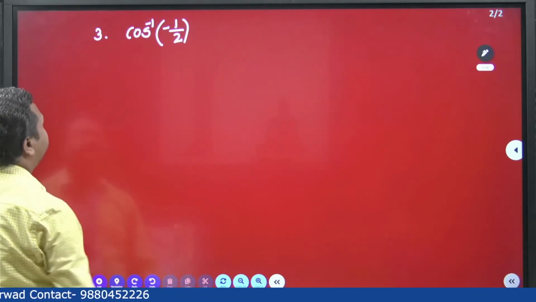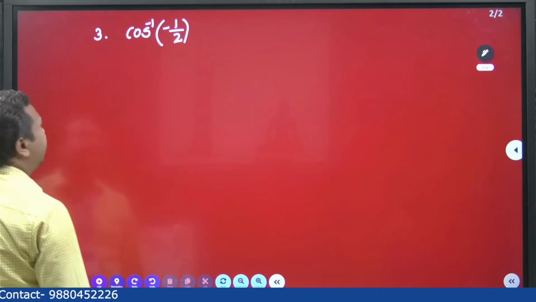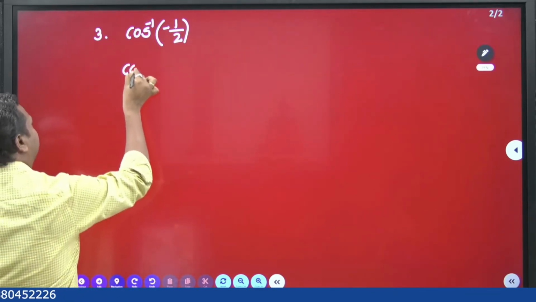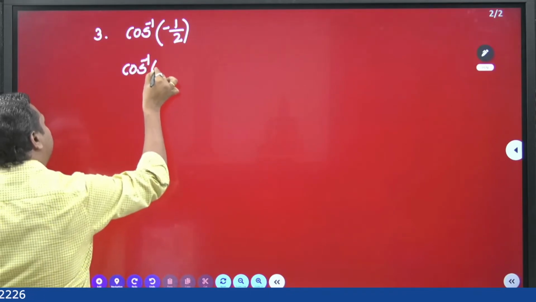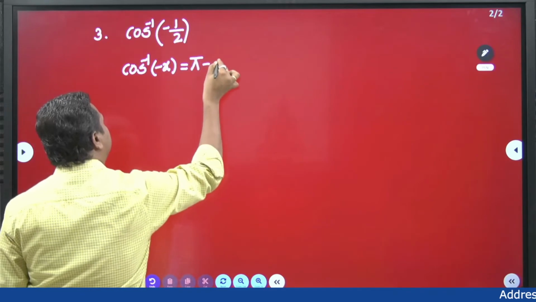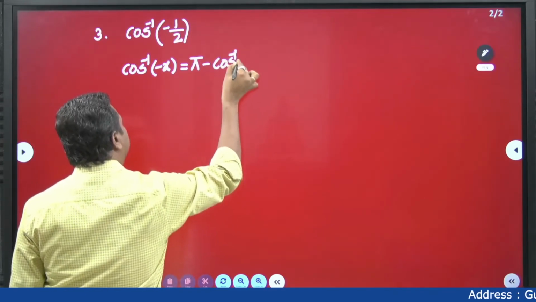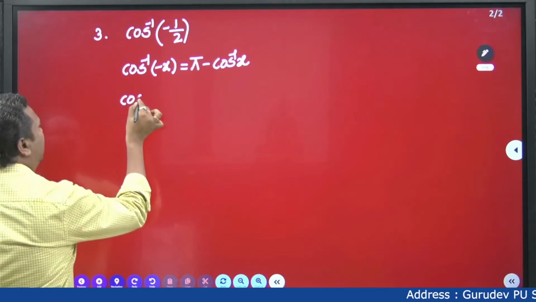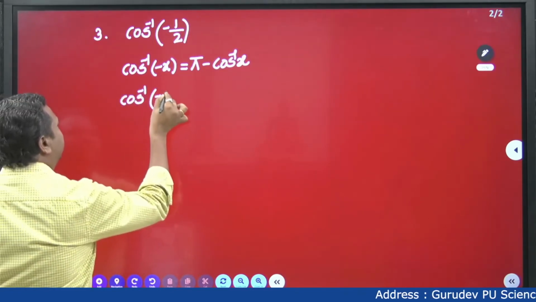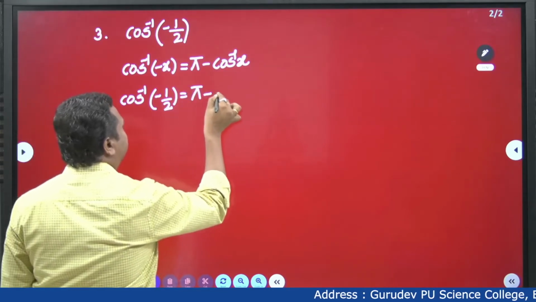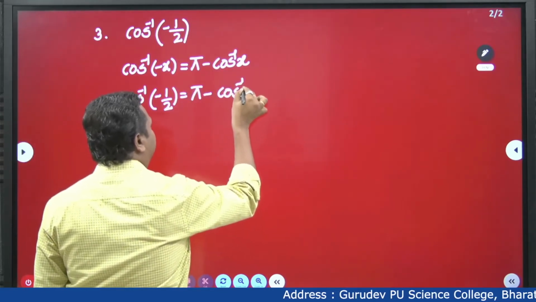Now here we have particular examples for finding the principal value. We know that cos inverse of minus x is always equal to pi minus cos inverse of x, isn't it? So using this identity, cos inverse of minus 1 by 2 can be written as pi minus cos inverse of 1 by 2.